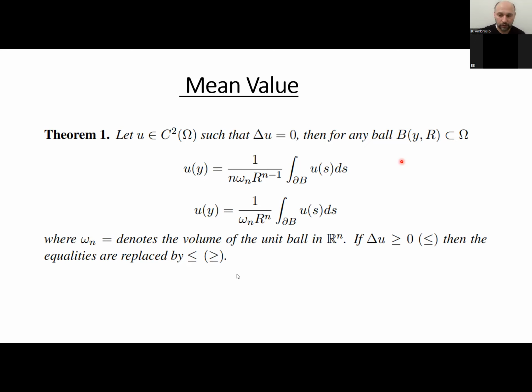Then you can deduce that u is a constant. Of course, the same result holds if you replace subharmonic functions by superharmonic functions, but then you have to replace the second assumption with the supremum by the infimum. All right. So let's prove now this result.